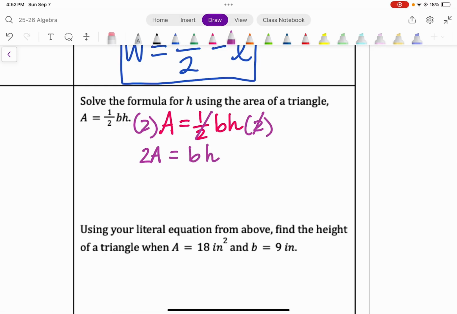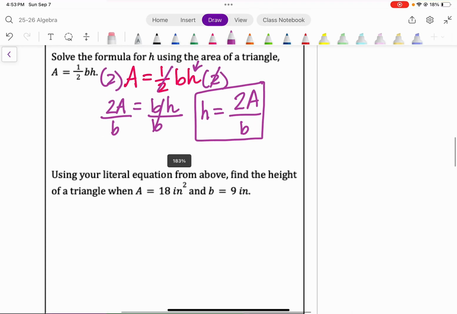And we can't have a fraction in the denominator, so don't do that. You have to multiply by the reciprocal because mathematically we never want a fraction in our denominator. Then if we want to get h alone, we have to divide everything by b. So h equals 2A divided by b.